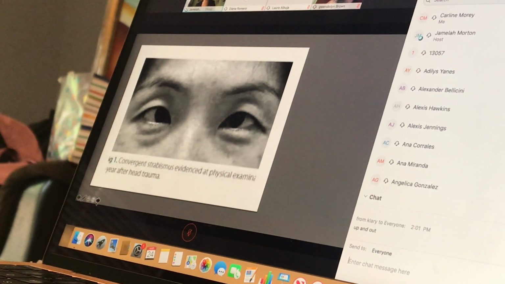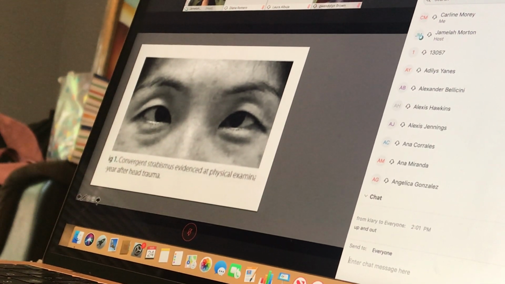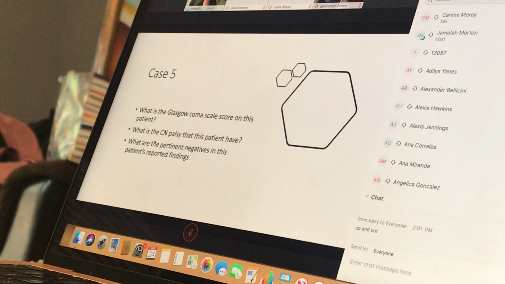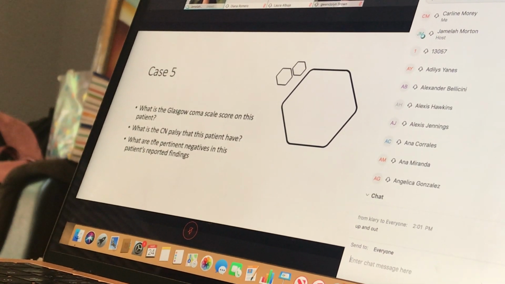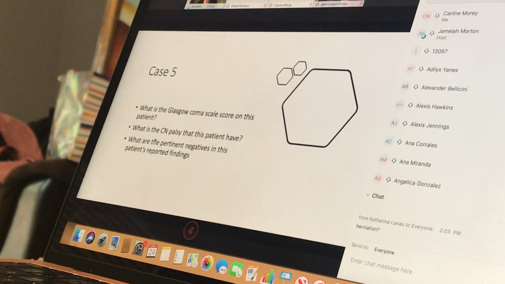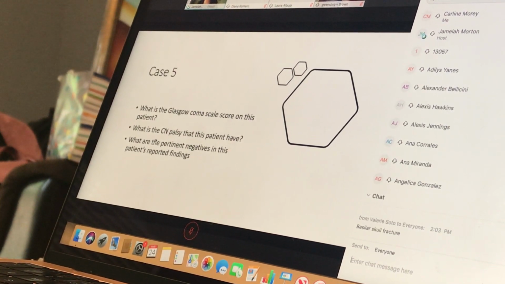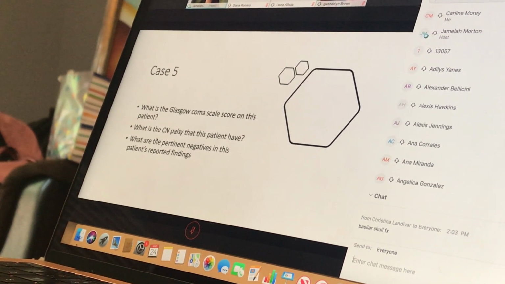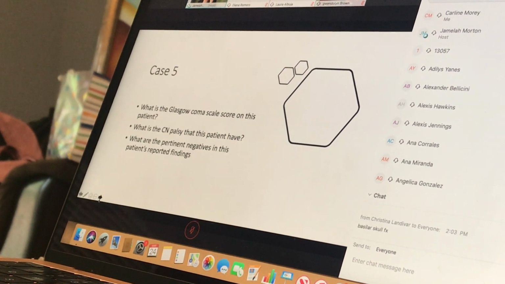It's not rocket science. Whatever has happened has compressed the 6th cranial nerve.